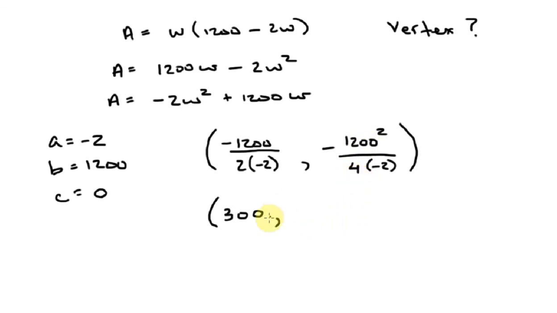And I think you're going to get something in the neighborhood of 180,000. But you actually don't need that number, because what we really care about is where that vertex is. I'll just clear a little bit of space here and I'll show you what I'm talking about.